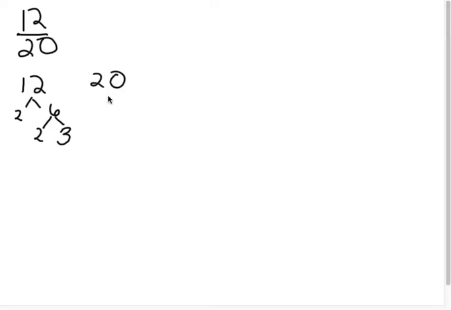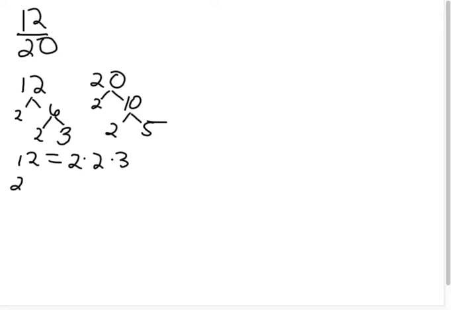And then 20, I've got 2 and 10 and 2 and 5. So I can say that 12 equals 2 times 2 times 3, and that 20 equals 2 times 2 times 5.